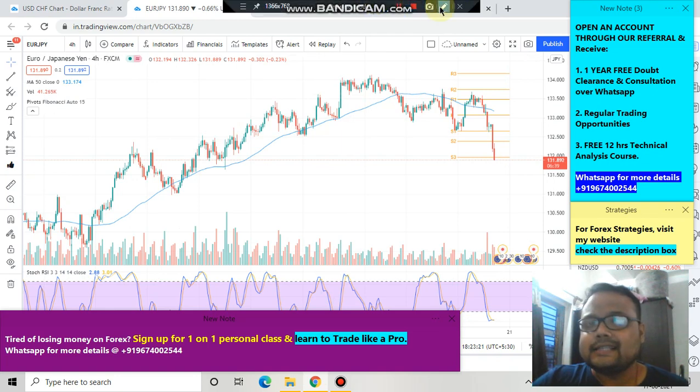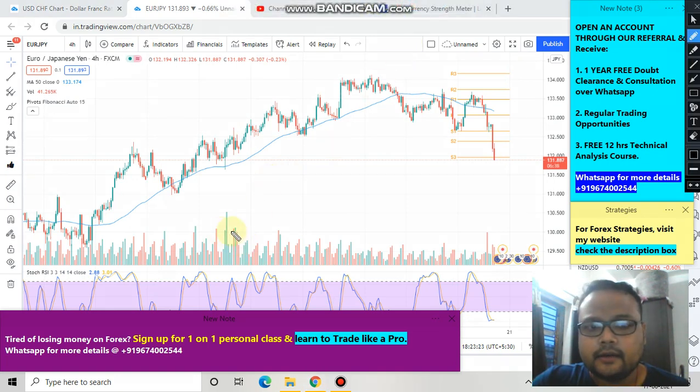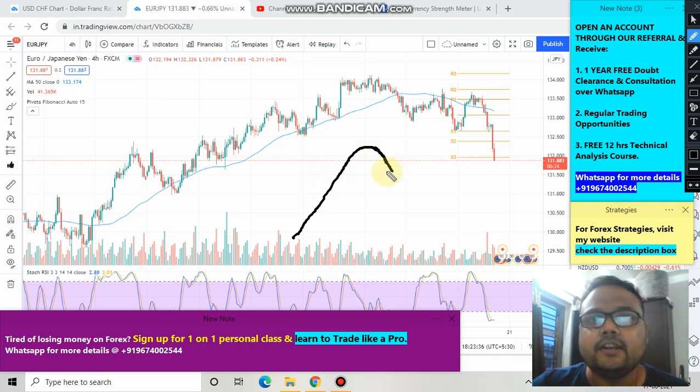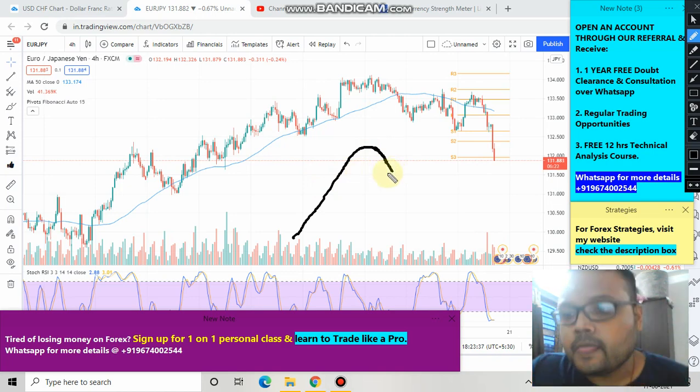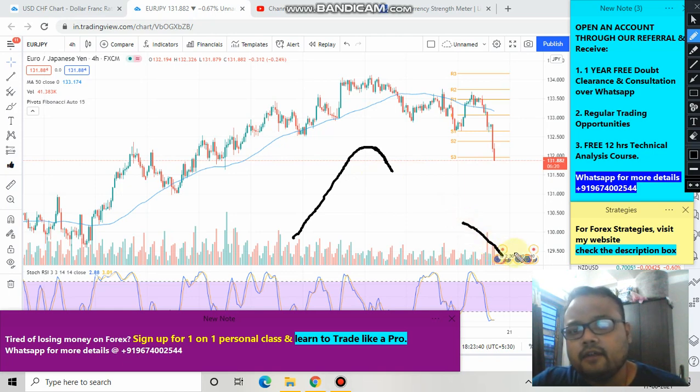And as I always say, for a trend reversal we always need an inverted V pattern. Whenever a market is in an uptrend, we need an inverted V pattern for the confirmation that the trend of the market has changed. And if a market is in a downtrend, then we need a V pattern.